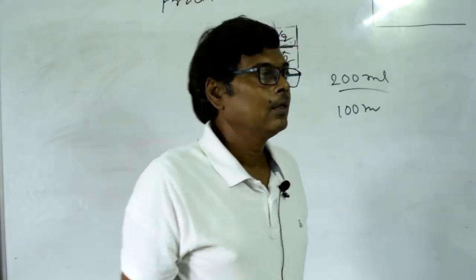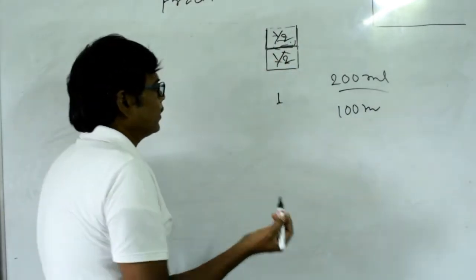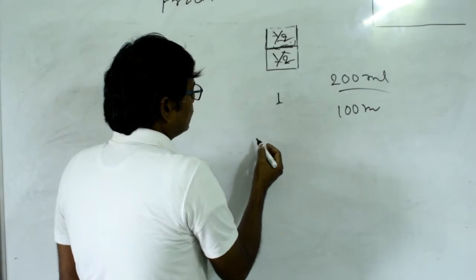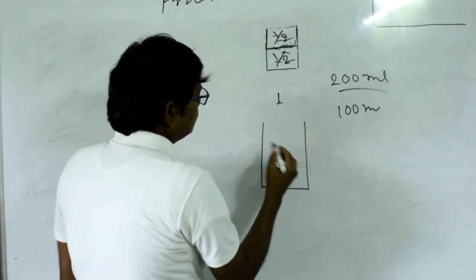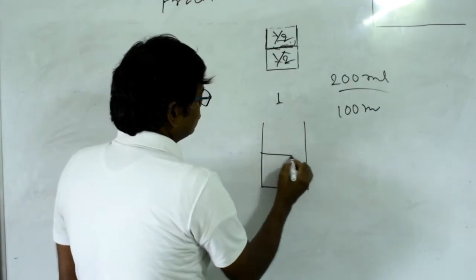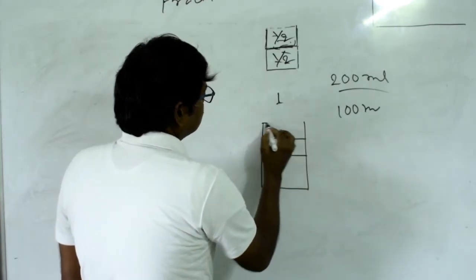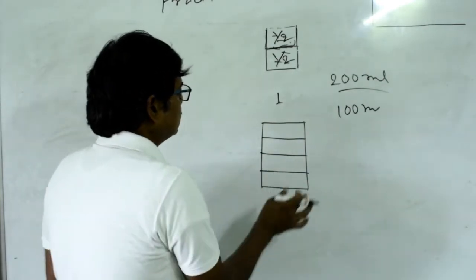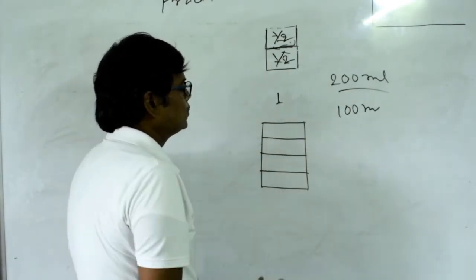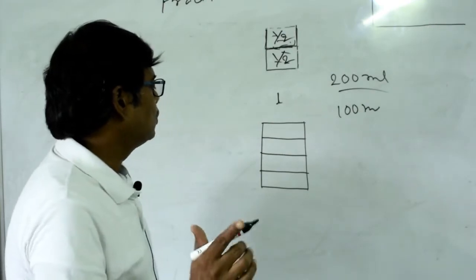Similarly, for example, quarter. If there is another glass here, divide this into 4 equal parts, like this. We have divided the whole into 4 equal parts.